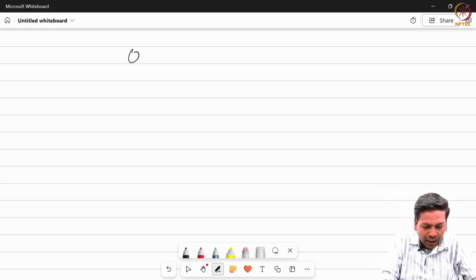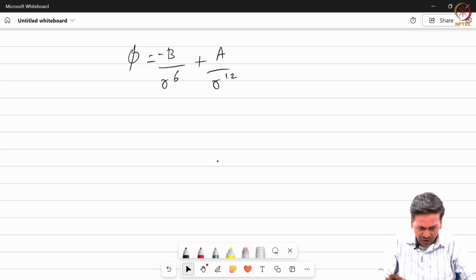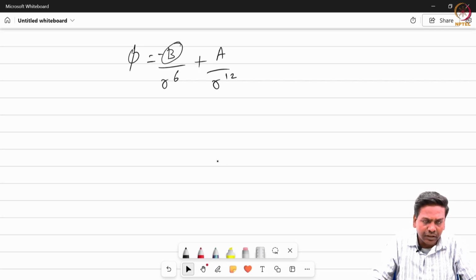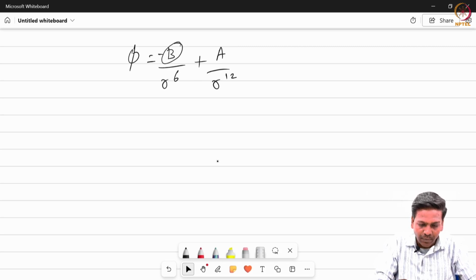We know the potential we have referred to is minus b by r power 6 plus a by r power 12. Remember this b: we denote this parameter b because it comes from the beta, which we will see later.